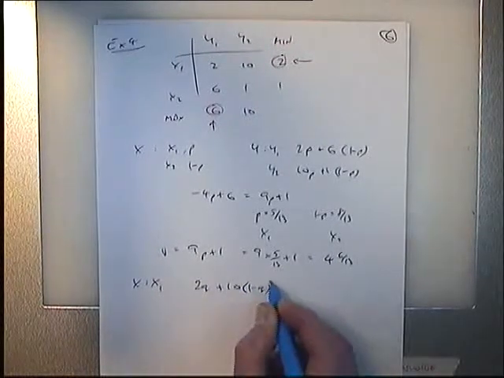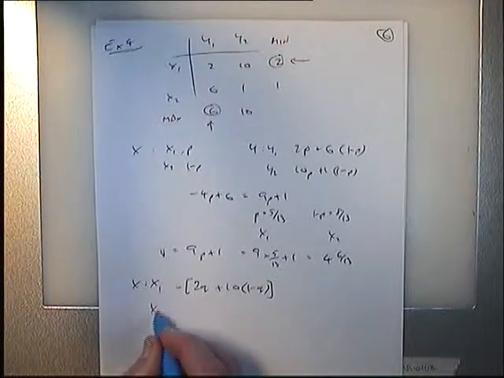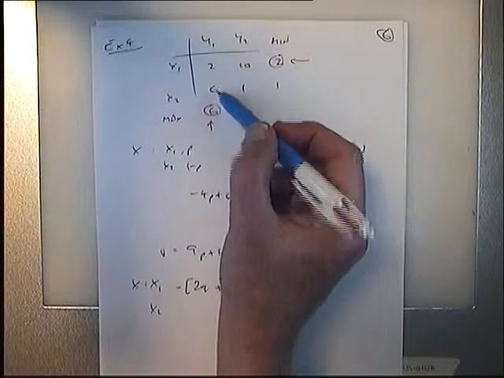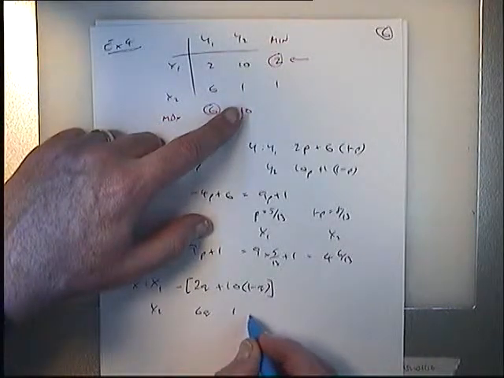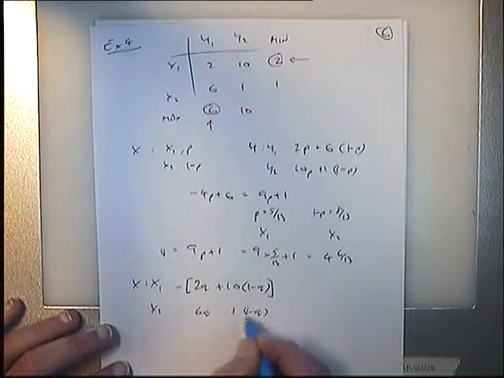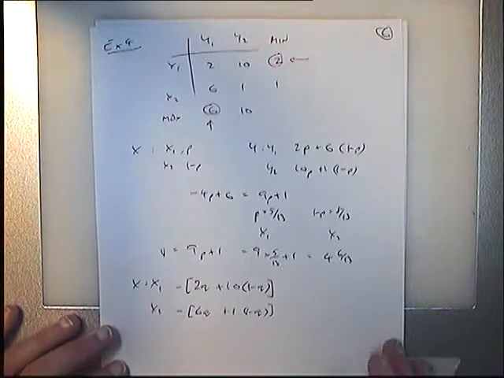So if I add those together, they're a loss, so I need to put a minus sign in front of it. And if x plays strategy 2, they'll have a loss of 6 with a probability q, and a loss of 1 with a probability 1 minus q. Add those together, put them in brackets, and a minus sign because they are losses.